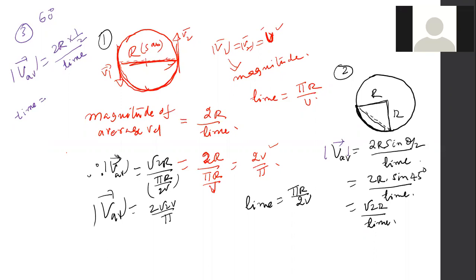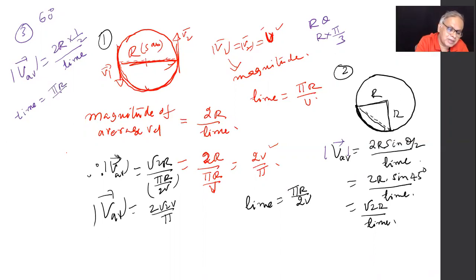Time for 60 degrees is pi r by 3v. Even this you can write as r theta actually. The distance can be written as r theta, but theta in radians. So 60 degrees, how much is this? Pi by 3. So time equals pi r by 3 by speed v. Isn't it so?